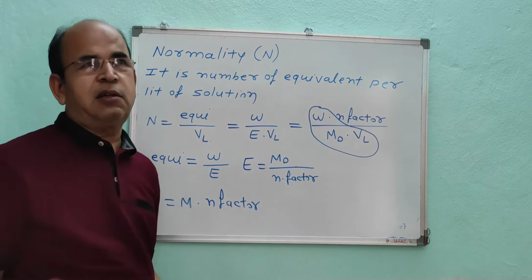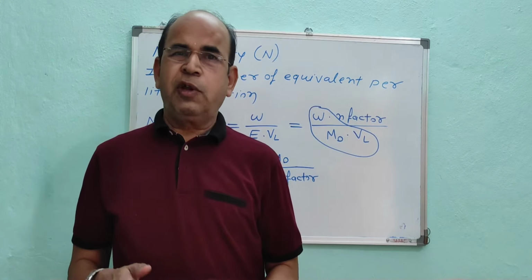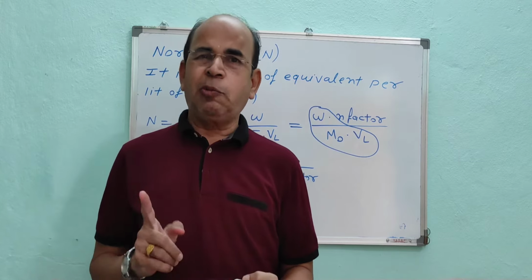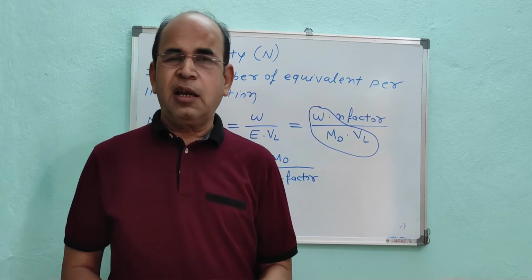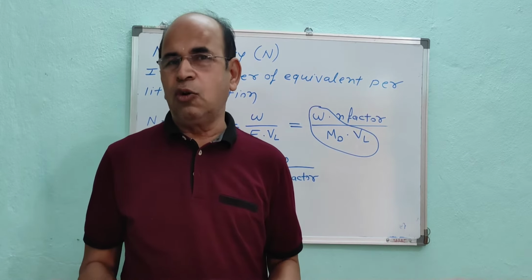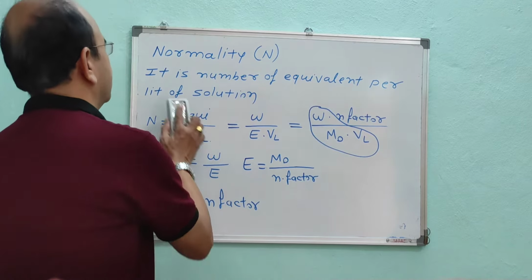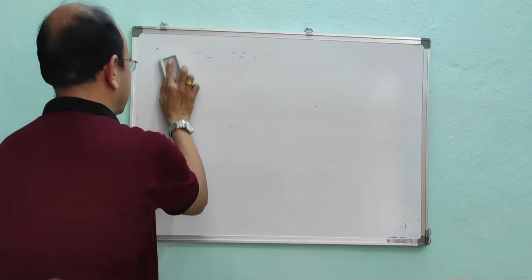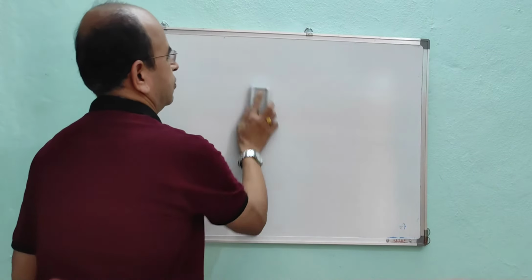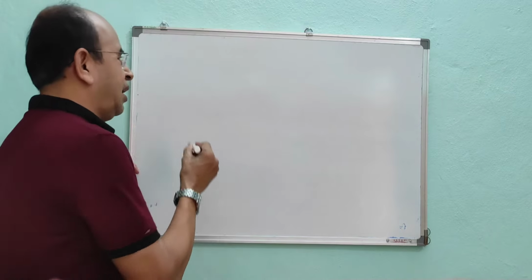Now what is the N factor? Let's see what is meant by N factor. We can calculate N factor in the case of acid, base, salt, and oxidizing and reducing agents. First I will write the relation between normality and molarity.